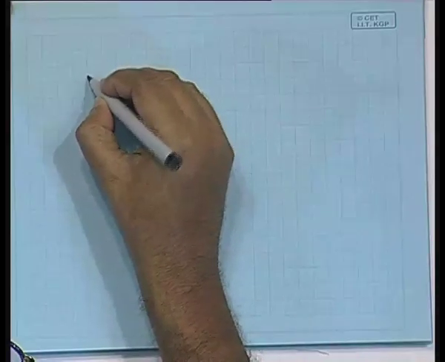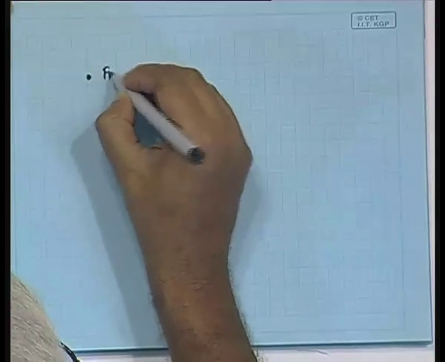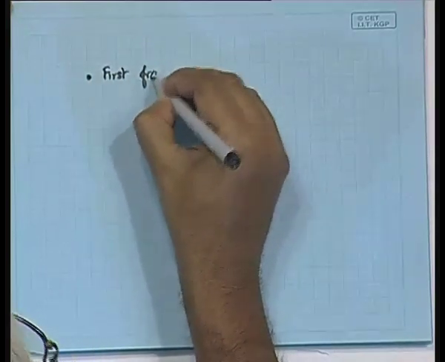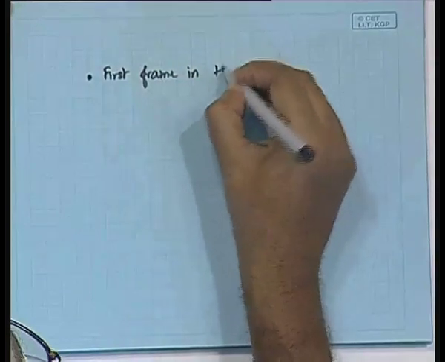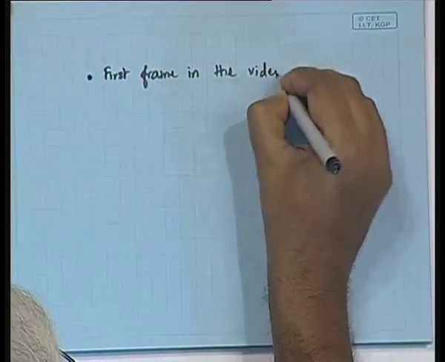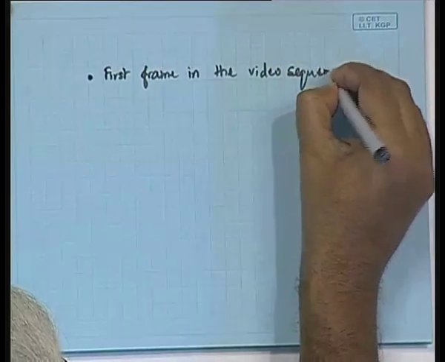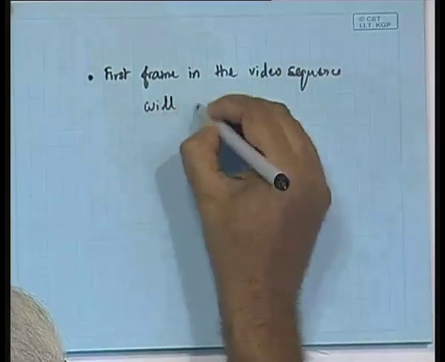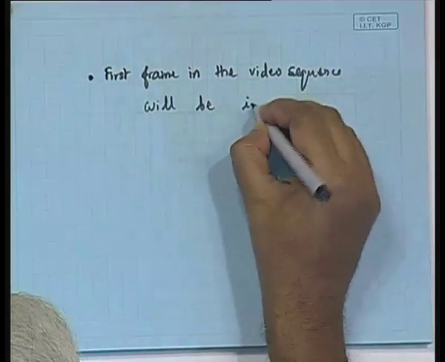So, the first frame is not having any inter frame prediction. By inter, I mean using another frame for prediction in between the frames. So, we are not using inter frame. I can only say that the first frame in the video sequence will be intra coded.